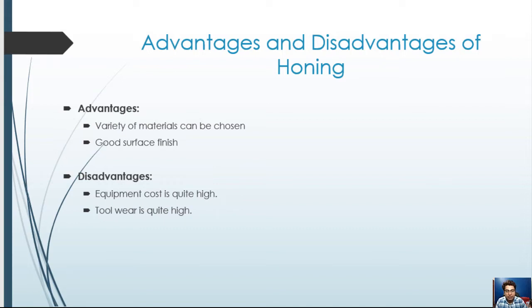And the disadvantages: the equipment cost is quite high, especially for horizontal honing processes, and tool wear is quite high, as we know controlled machining operations are being performed, and the grit dislodgement rate of the process is quite high, so the tool wear is obviously high.